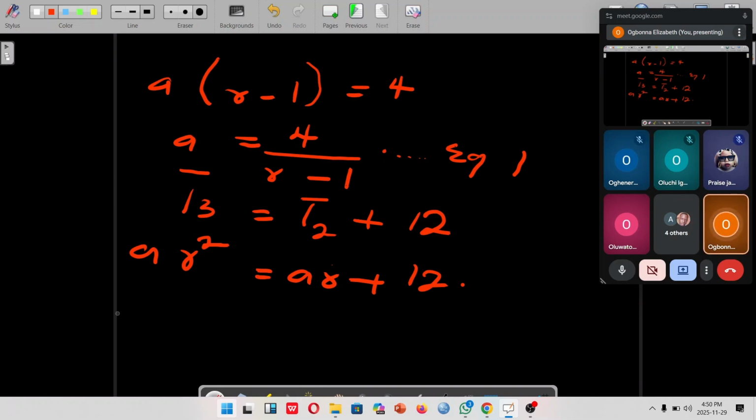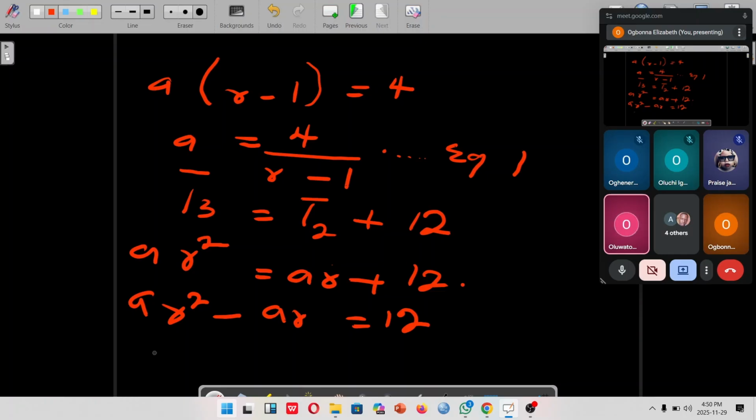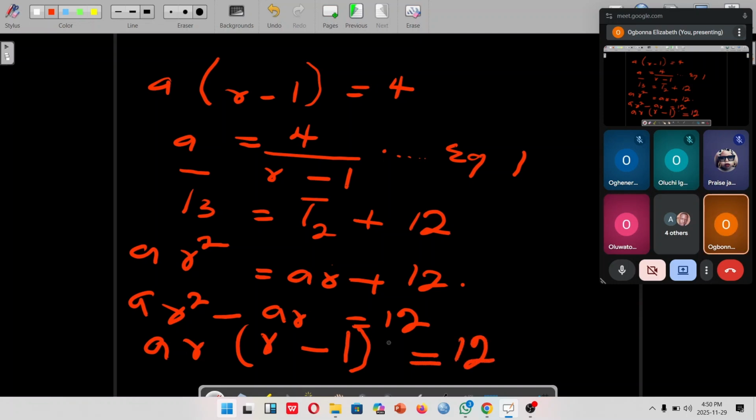Okay, so we have A R^2 minus A R equals to what? 12. What's common in this equation now? Are you seeing my board? What's common? A R is common. So we have R minus 1, and this is equal to 12. Does anybody have a question?